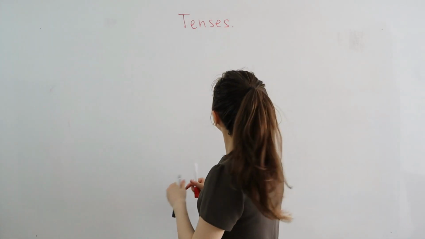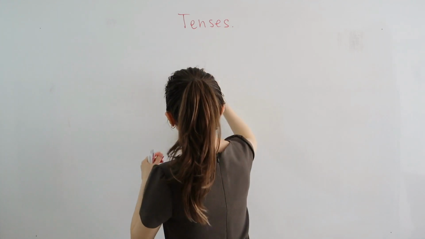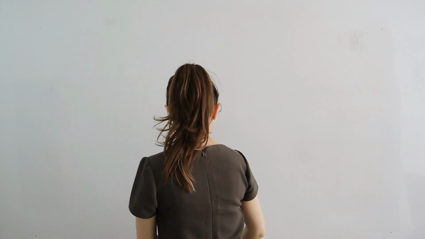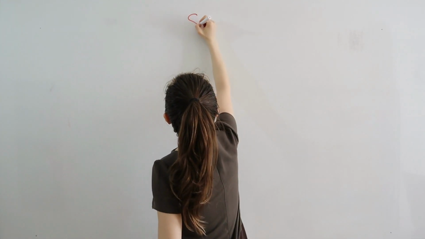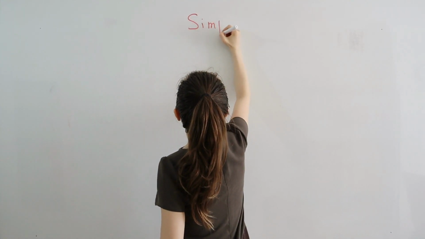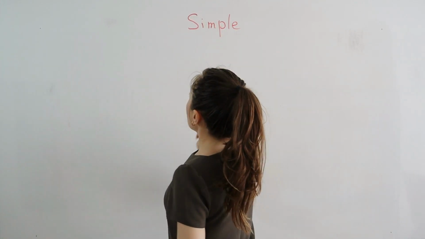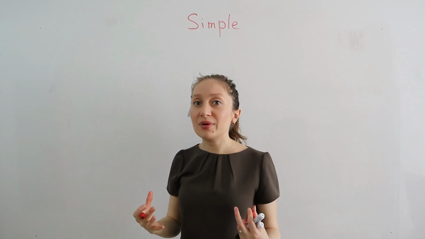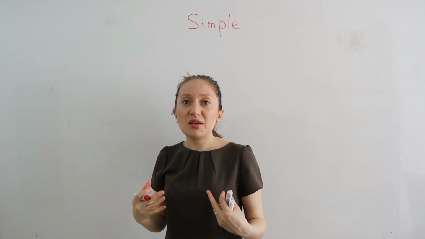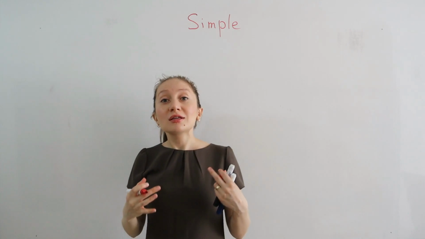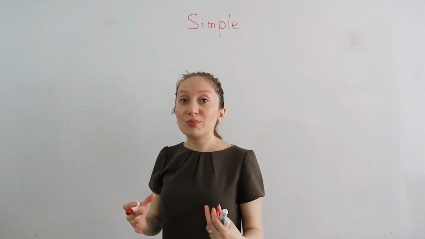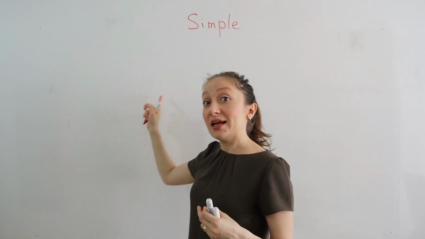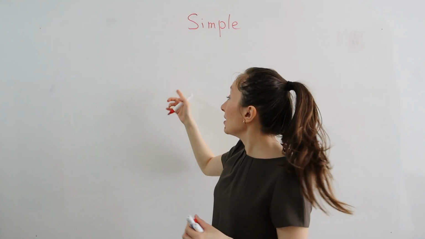Simple tense. So let me clean. If you translate it into your language, you'll understand the meaning. Simple, basic, very easy, right? When we start speaking in English, we start making very basic, easy sentences using simple tense, right?